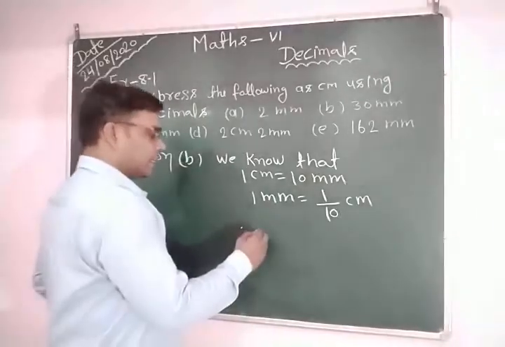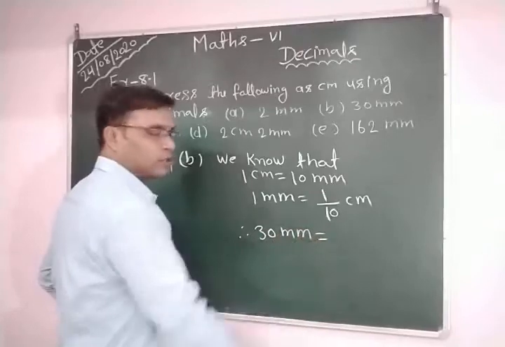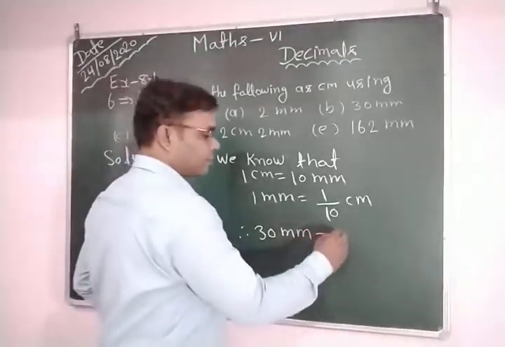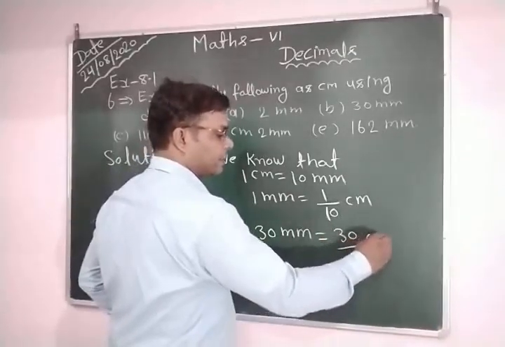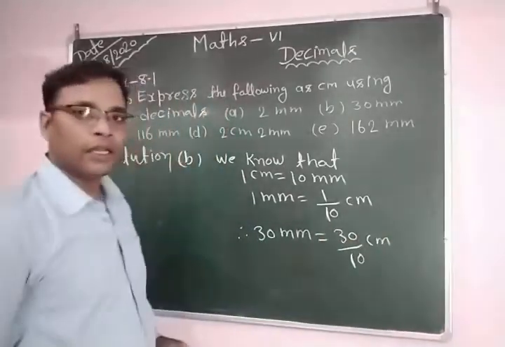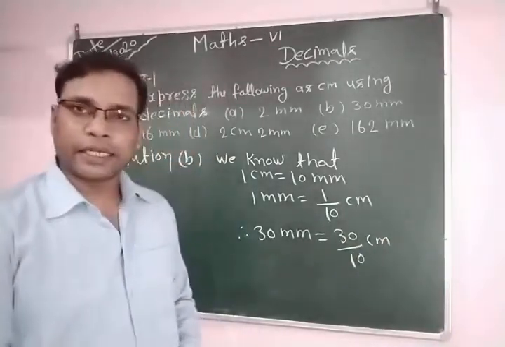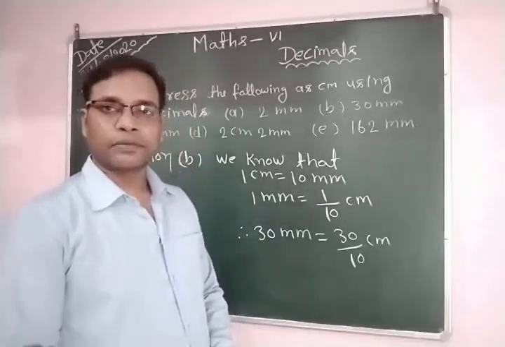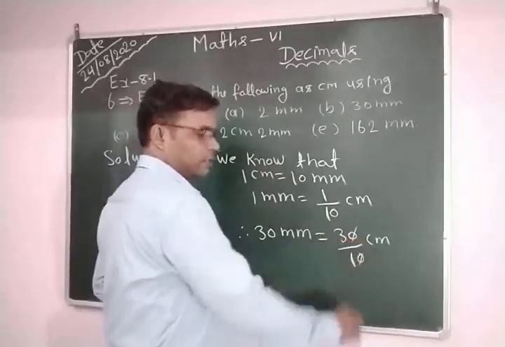Therefore 30 millimeters is equal to how many centimeters? You can write 30 by 10 centimeters. If you simplify it, 10 threes are 30. If you divide 30 by 10, you obtain 3, or simply cancel 0 by 0.